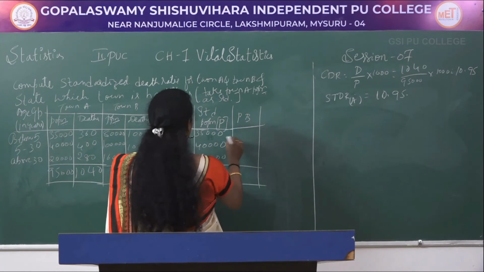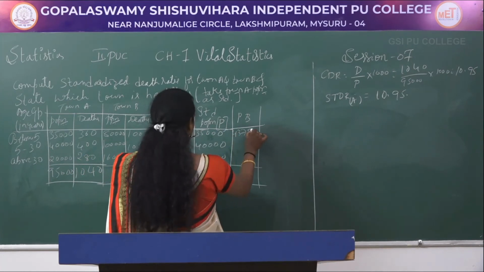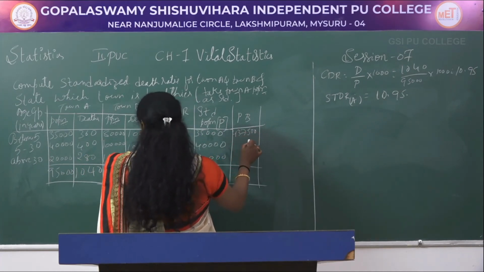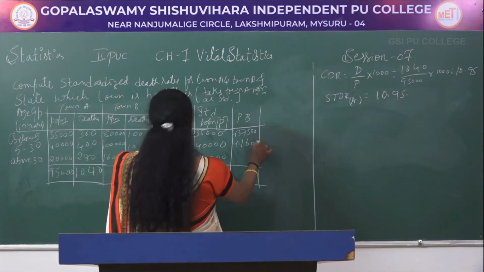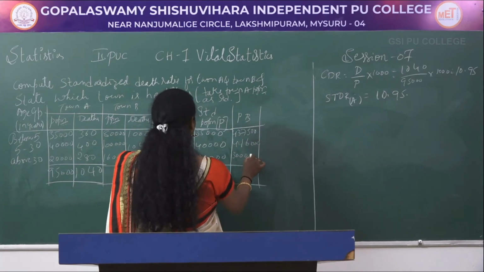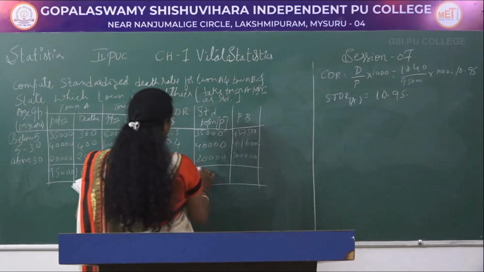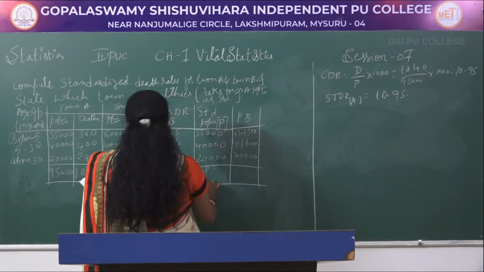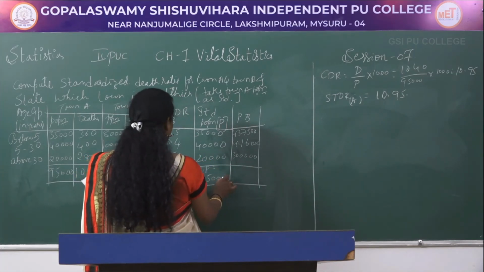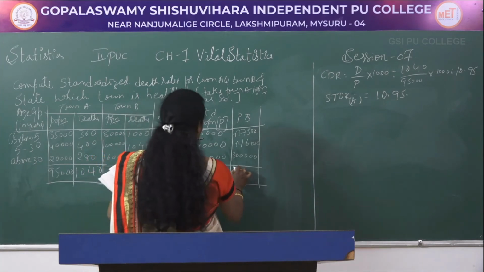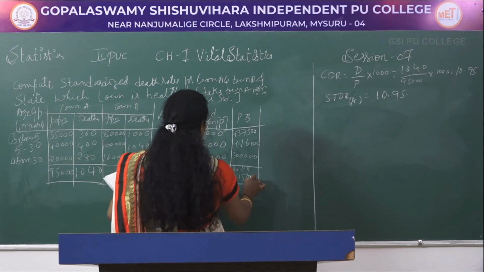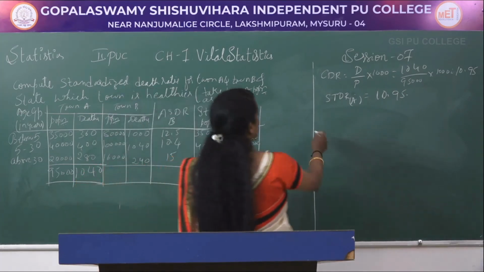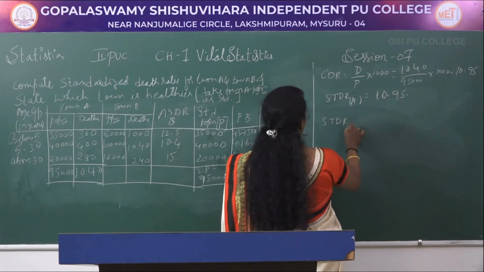It is 437,500, 40,000, sorry, 41,600, 2345, and this summation P total is 95,000. And summation of PB total is 11,535,000.